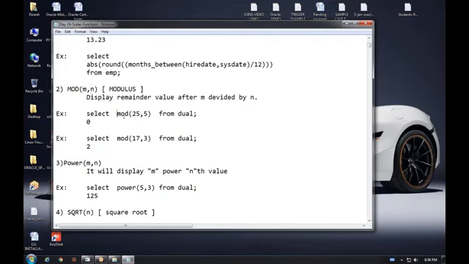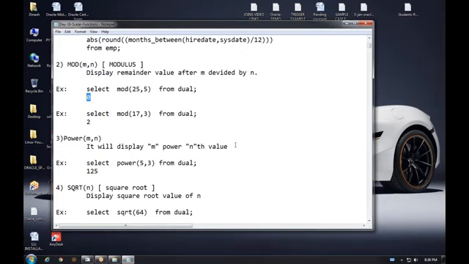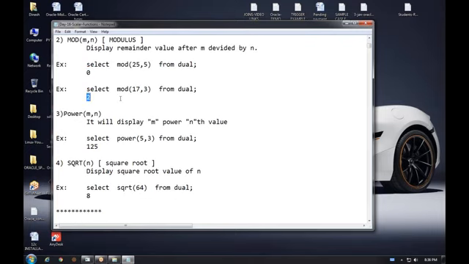Here, MOD of 25 comma 5. If 25 is divided by 5, the remainder is 0. Next example, MOD of 17 comma 3. If 17 is divided by 3, the answer is 2. This is the remainder. Next function, POWER.